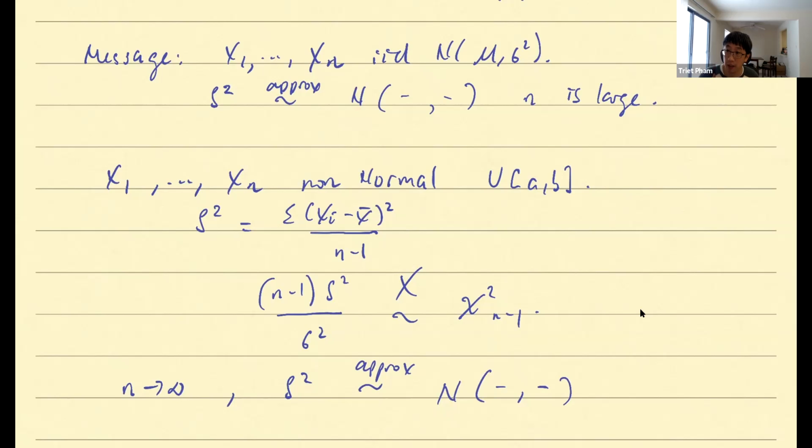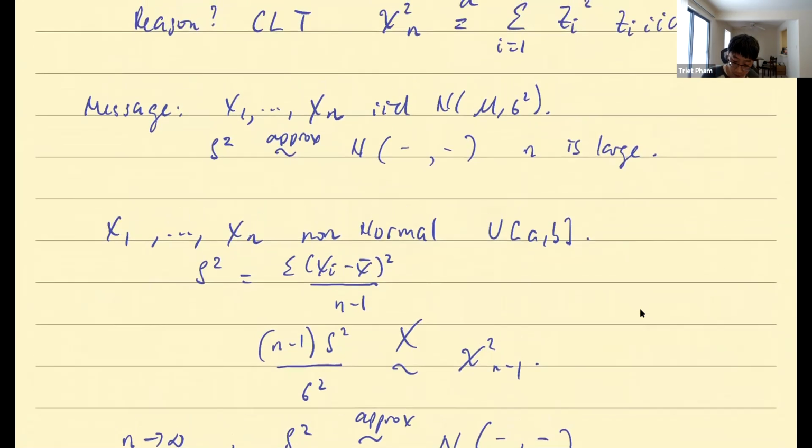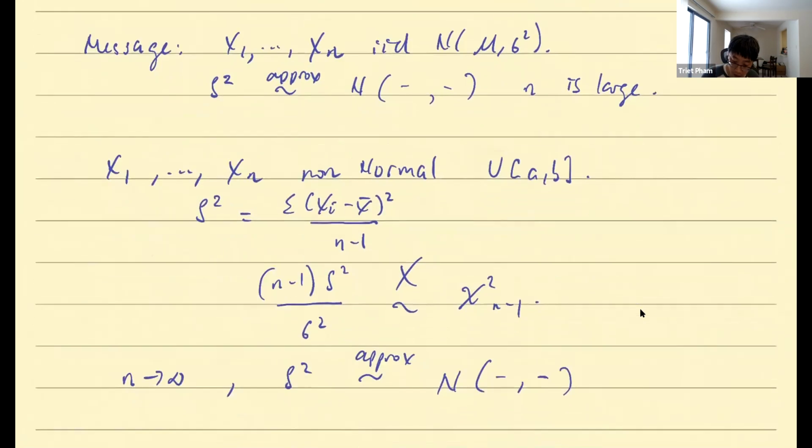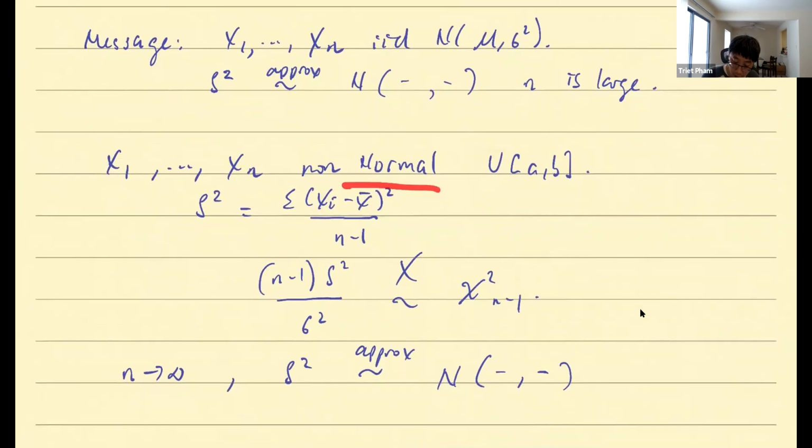And finally, where does this result come from, where s² is approximately normal? Certainly it doesn't come from the chi-square, because for a non-normal population you do not have a chi-square distribution. The answer is it comes from its own structure.